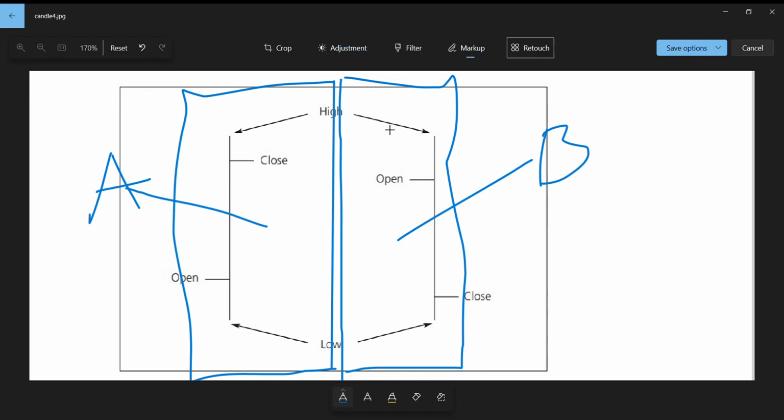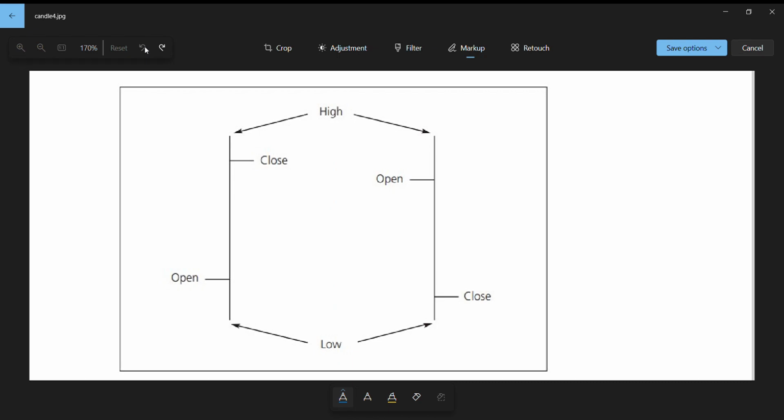Let me switch to my next slide to show you this. Now, if I rub this, let me clean this. And now let's go to the next slide. Trying to get to the next slide.